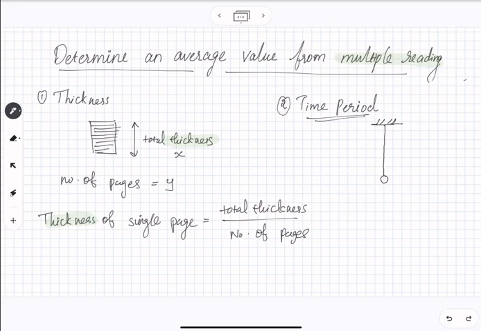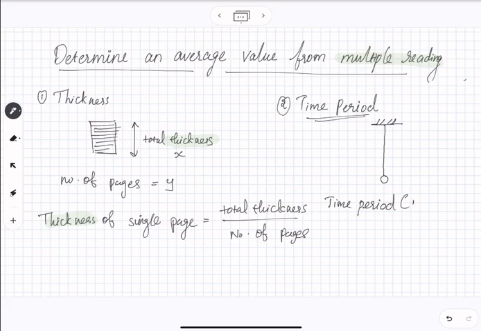And one oscillation means if you are considering this as the starting position, it will go to one extreme position and come back to its initial position, and it will go to the other extreme position and come back to the initial position. This movement is one oscillation. So the time taken for this one oscillation is known as time period, which is represented by capital T.